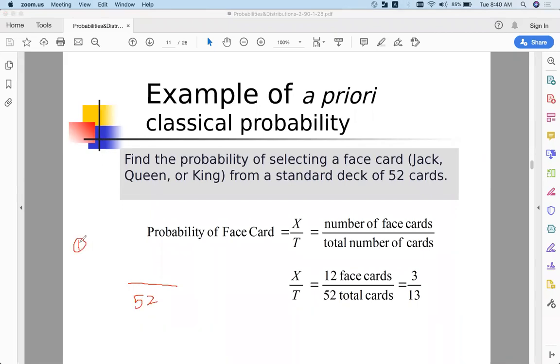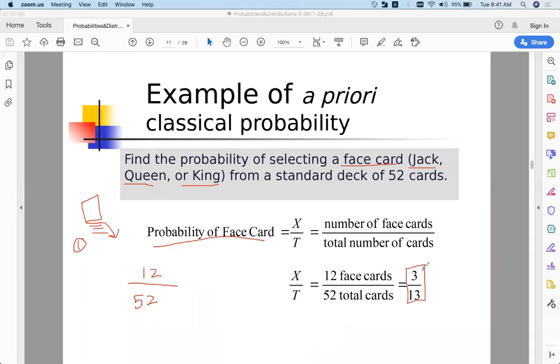So you draw one card, with the cards facing down, from the center. Now the question is selecting a face card, which is Jack, Queen, or King. The total number of face cards is 12. So the probability of drawing a face card is 3 by 13.